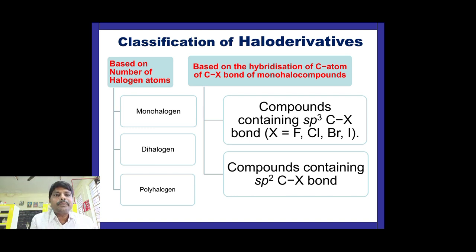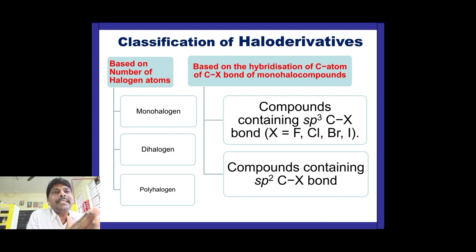This type of classification, what is the basis? The basis is the number of halogen atoms. It is one type of classification.